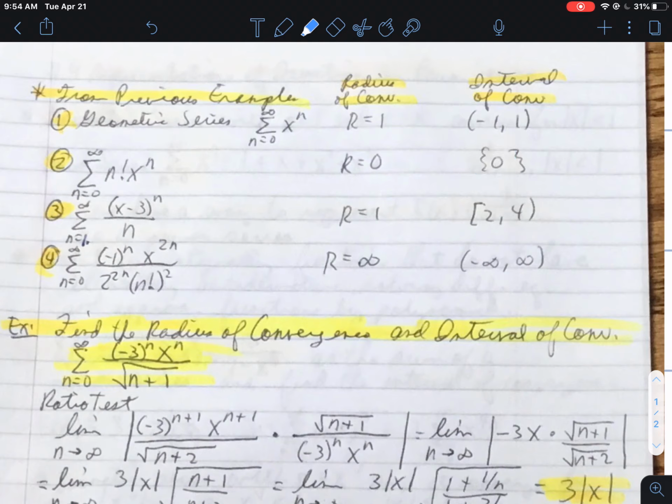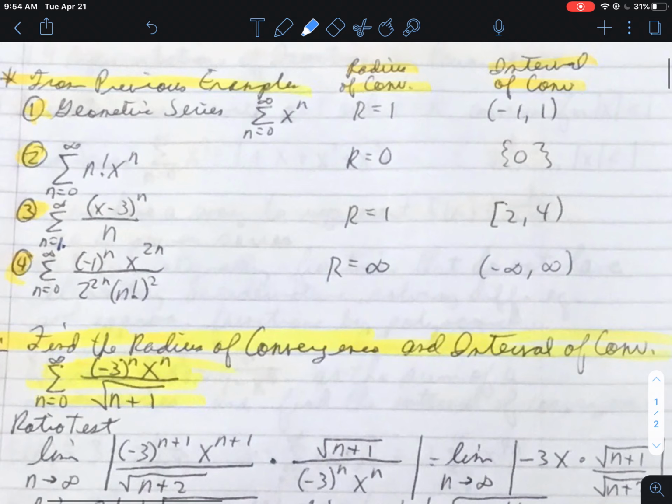In that first example that we did, we had the geometric series. The sum as n goes from 0 to infinity of x to the n. And we showed that that series converged to values of x between -1 and 1, r equals 1. Notice in this case our c value, because remember we're talking about something of the form c sub n times x minus a to the n.